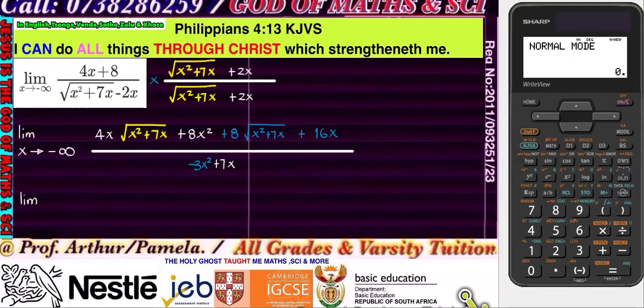All right, and then I have x approaches negative infinity. So let's work with this one because we know when I take out that x squared, I'm going to write it as a negative x because of the minus infinity, right? Yes.